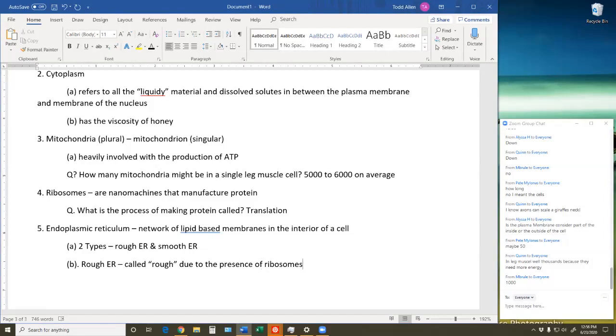So the rough ER, obviously it has ribosomes and they make protein. So protein synthesis or translation can occur at the rough ER. In addition to protein synthesis, the rough ER is the site of phospholipid manufacturing.